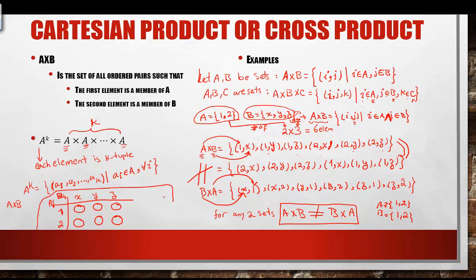So elements of A come from 1 and 2, and then elements of B, x, y, and z. So you've got 1x, 1y, 1z, and 2x, 2y, 2z, and this way we can formulate our functions and relations, which will be the next topic that we will cover.